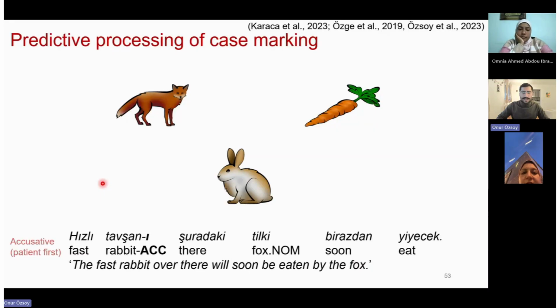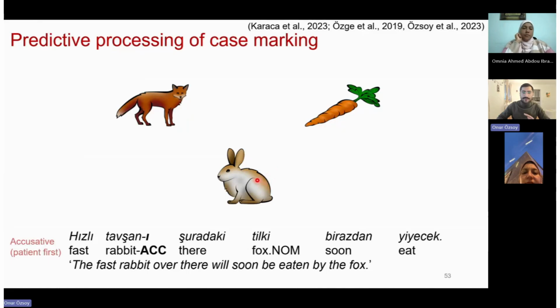And what we expect is that when people hear the fast rabbit and they have an accusative suffix, they know, because of the accusative case marking, that this is an object and a patient, a thematic patient, if you think of the semantic roles. They should know that they now need to find an agent as subject for the continuation of the sentence.